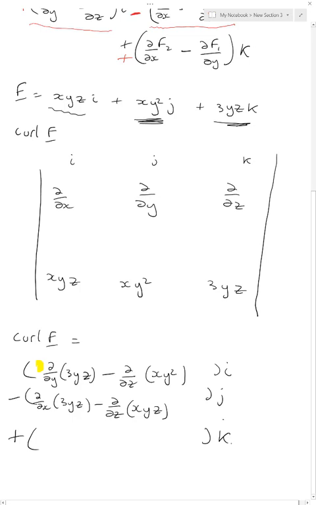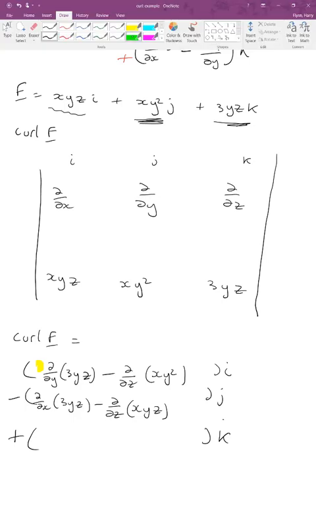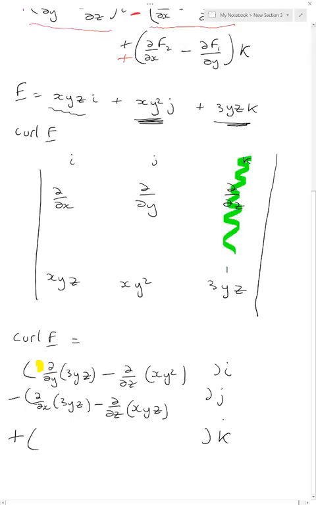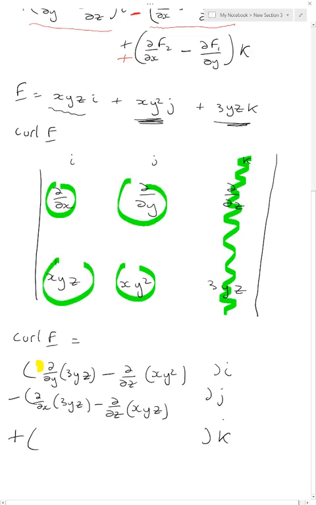Now, to find the k's, we simply cover up the column containing the k's. So we're going to cover up this column here, and then we're left with a 2 by 2. So it's going to be this times this minus this times this. So we'll have del/del x of xy squared minus del/del y of xyz, and we'll have that many k's.